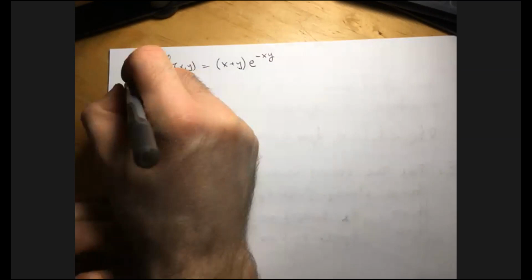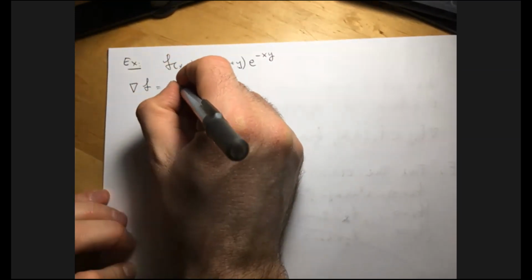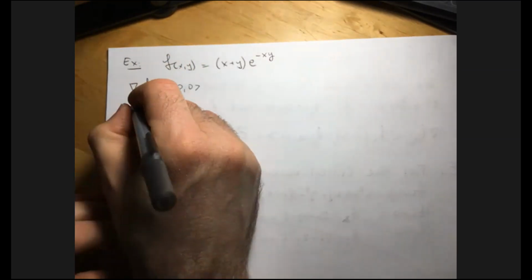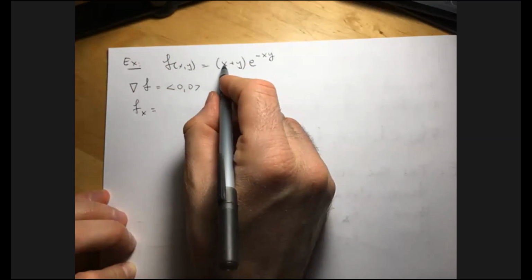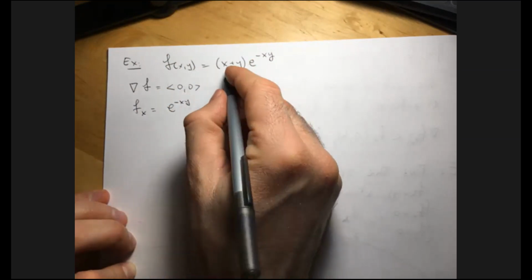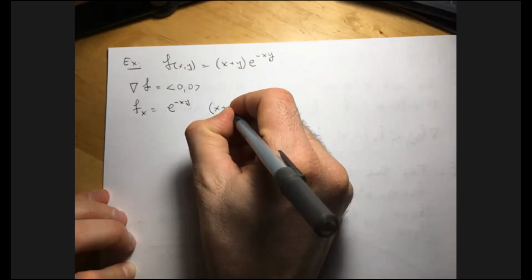Okay, so I want the gradient of f to be the zero vector, right? So that means partial f partial x: derivative of x is 1, so e to the power negative xy, by the chain rule plus the derivative of e to the power negative xy times x plus y.